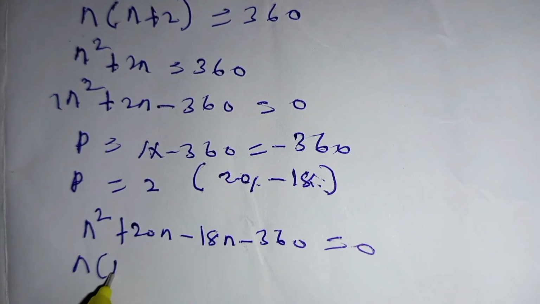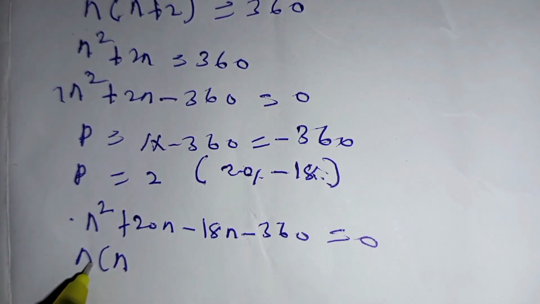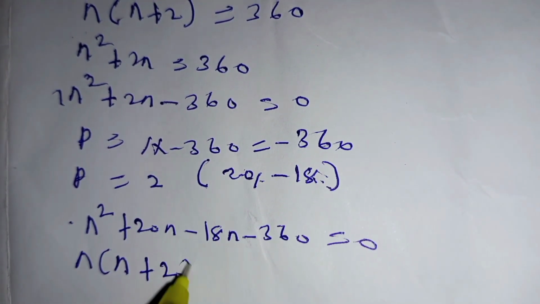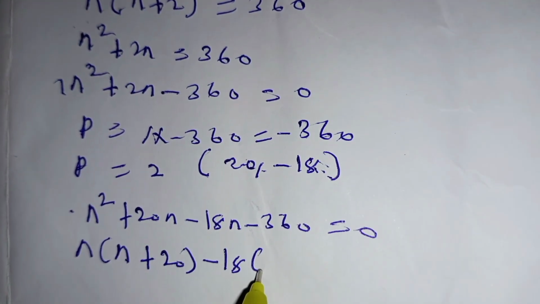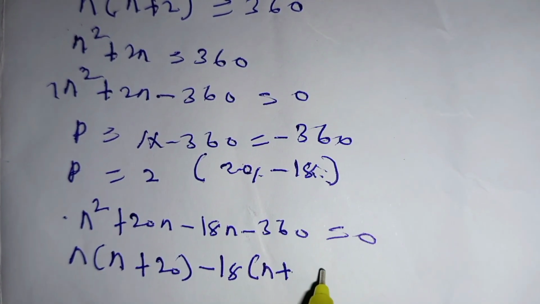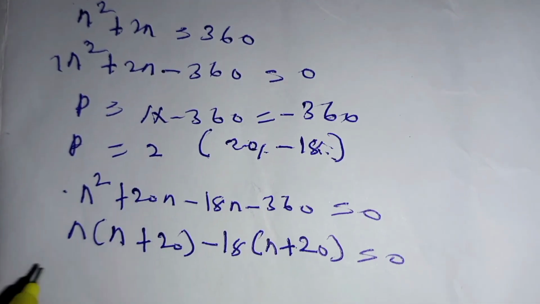Factorizing by pairing, n squared divided by n is n, plus 20n divided by n is 20. In the last two, negative 18 is common. Negative 18n divided by negative 18 is n. Negative 360 divided by negative 18 is 20. This is equal to 0.